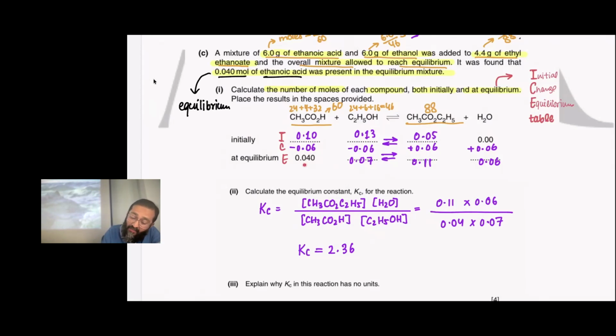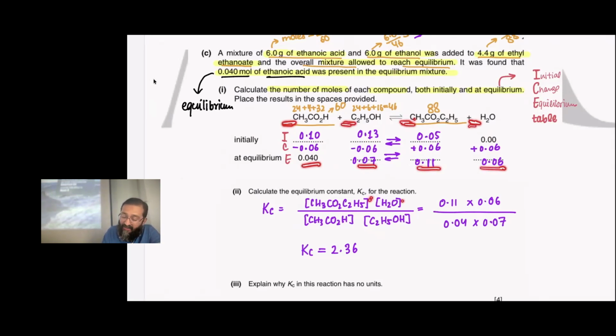Because these are the moles which are present in the equilibrium mixture. These are not the moles which are used to balance the equation, right? The equation is already balanced with 1 mole of each of them. That's why I didn't put any power over here. Is this clear, Ahmed?